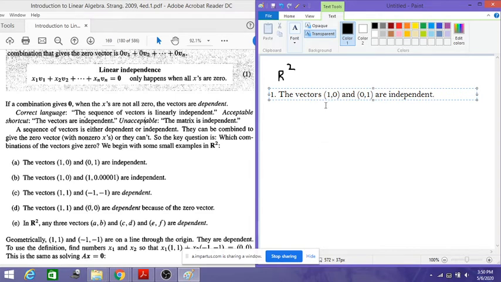The second one is the vectors 1 comma 0 and 1 comma 0.0001, which are also independent.